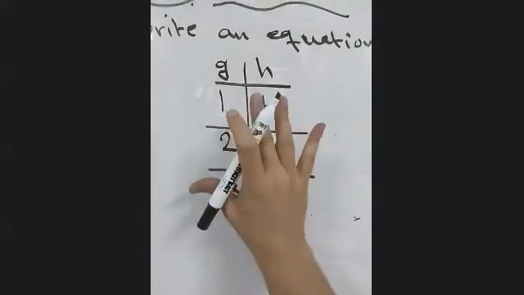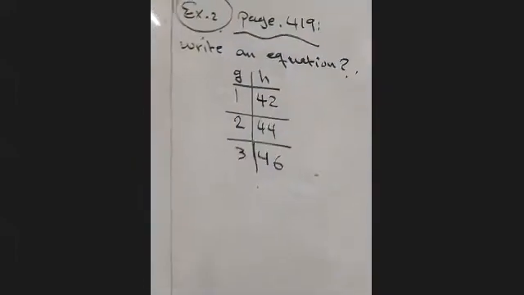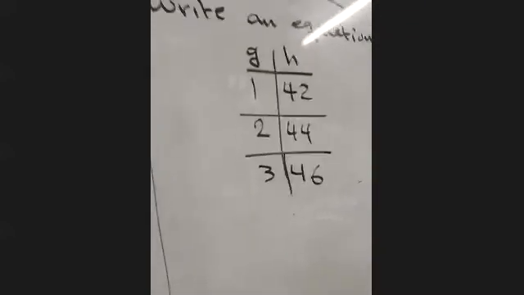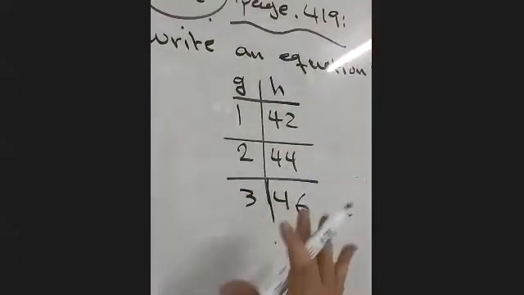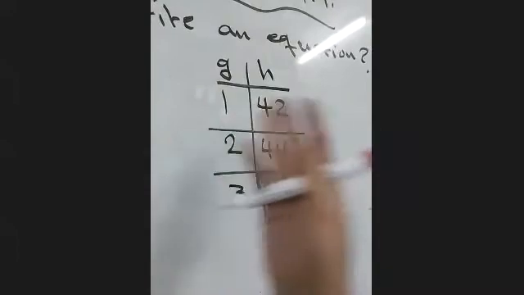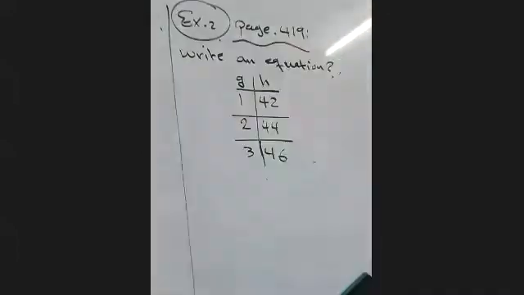Now, we have a table and we need to write what? An equation. If you remember the previous lesson, we wrote equations that represent relationships represented in tables. We use multiply, add, or two-step, remember? Now we'll do the same steps.